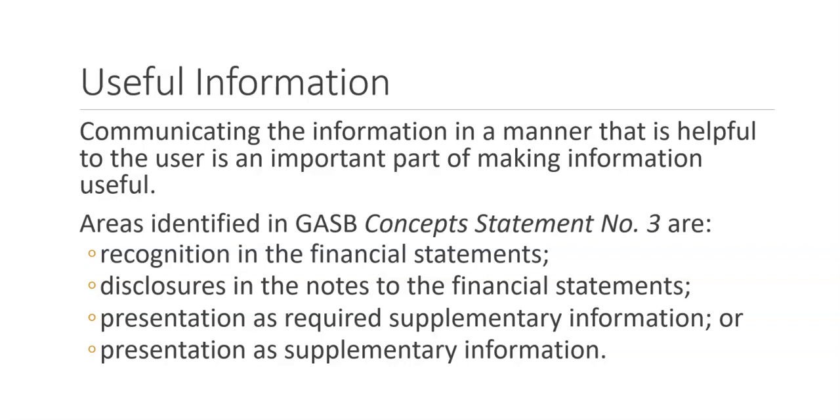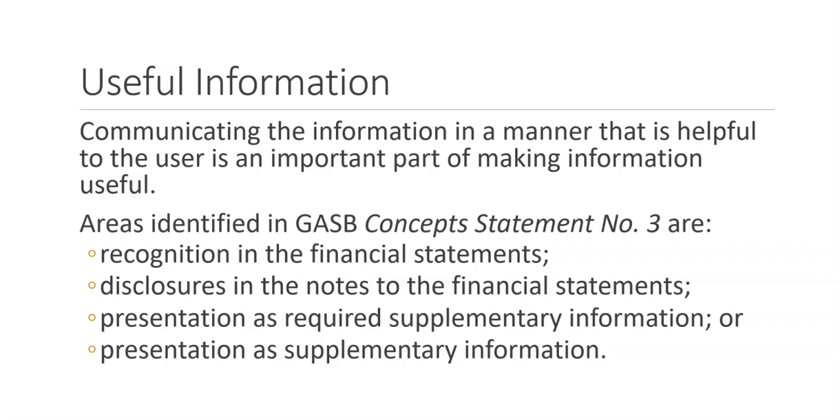Okay. So GASB states that governments need to communicate information to citizens and others, and that the information that they report needs to be useful. So they have a concept statement, number 3, and the chapter talks about statements 1 through 6 of GASB reporting concepts for government reporting.